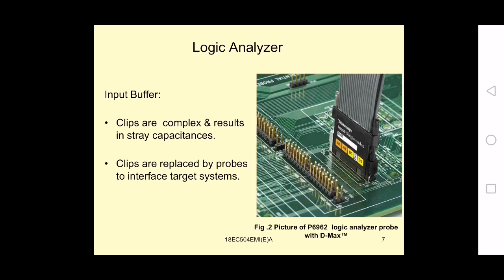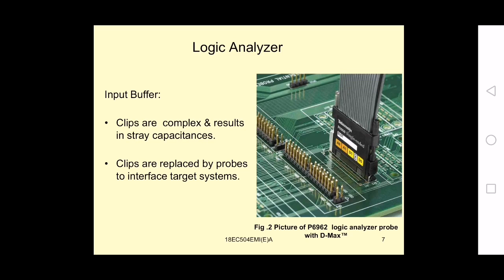Previously we used clips, which introduce stray capacitances or capacitance loading, which deteriorates our signal performance. Then we went for probes, which are used to replace the clips to interface the target system, that is, the system under test.